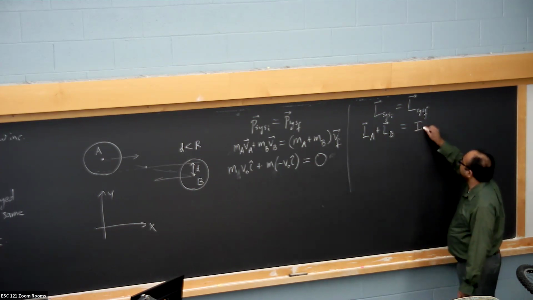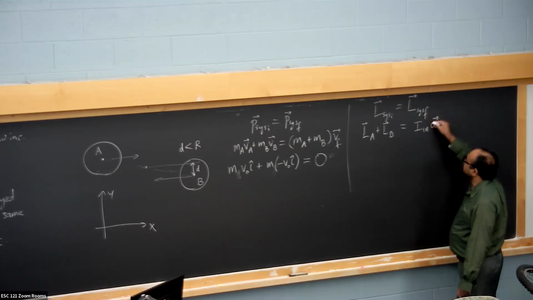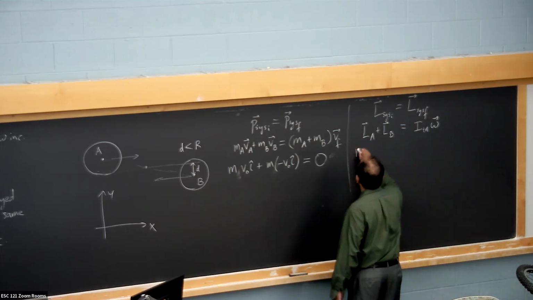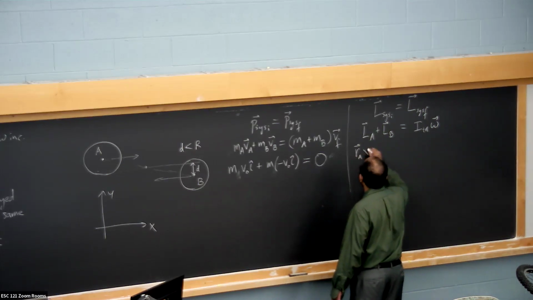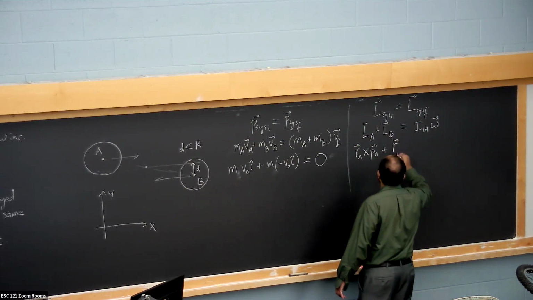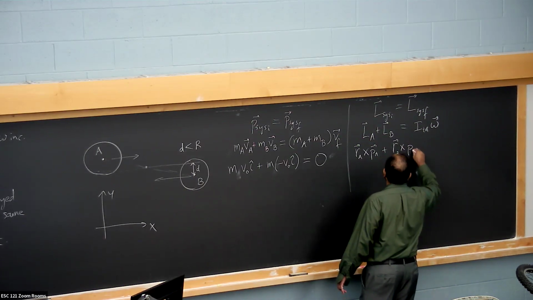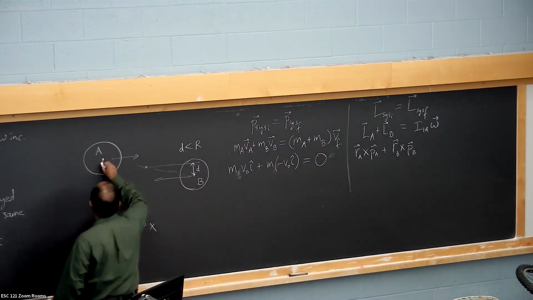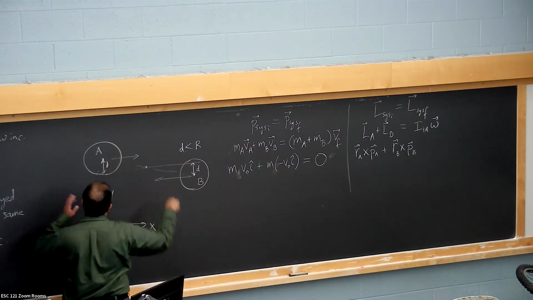So there'd be some I total and then omega. L_A, I can do as R_A cross P_A, and L_B as R_B cross P_B. I've called this distance d, this distance is also d, it's all very symmetric.